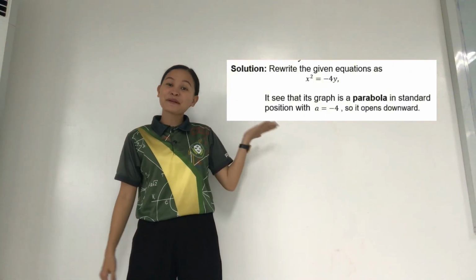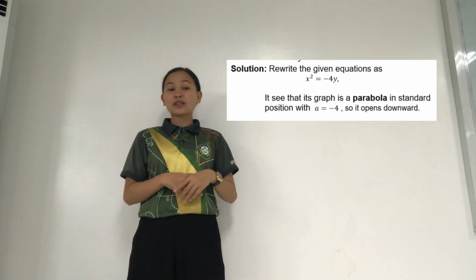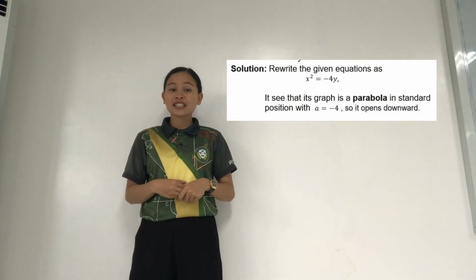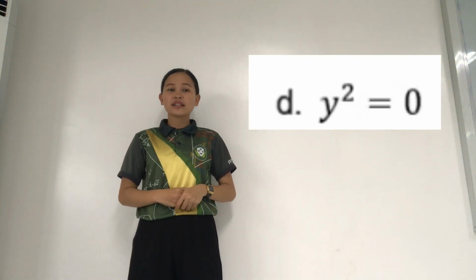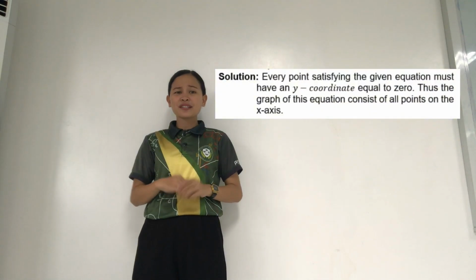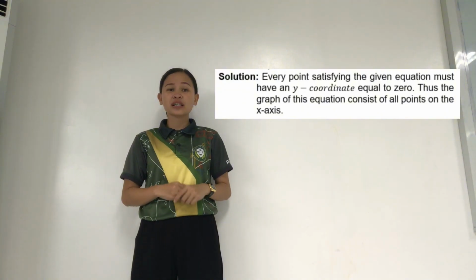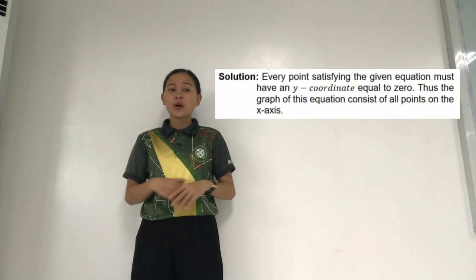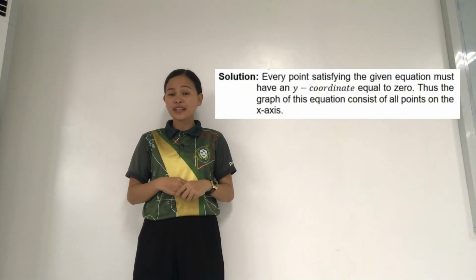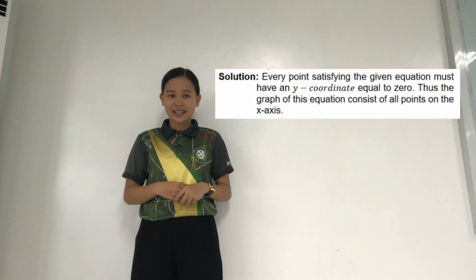Yes, this is a parabola in standard position, where a is equal to negative 4 and it opens downward. How about this equation? y squared is equal to 0. Every point satisfying the given equation must have a y coordinate equal to 0. Thus, the graph of this equation consists of all points of the x-axis.